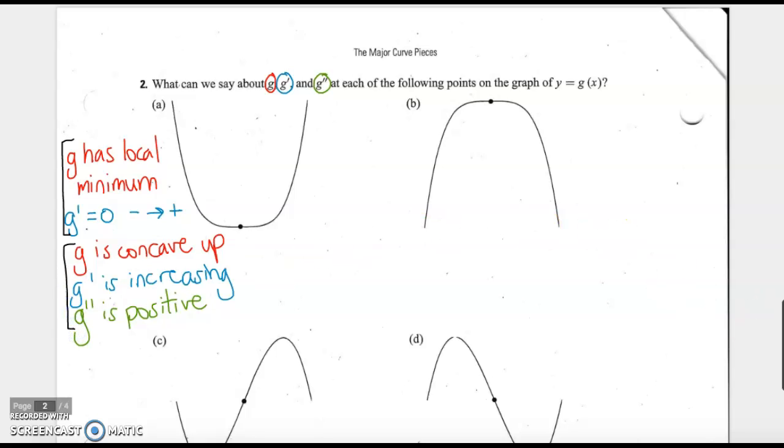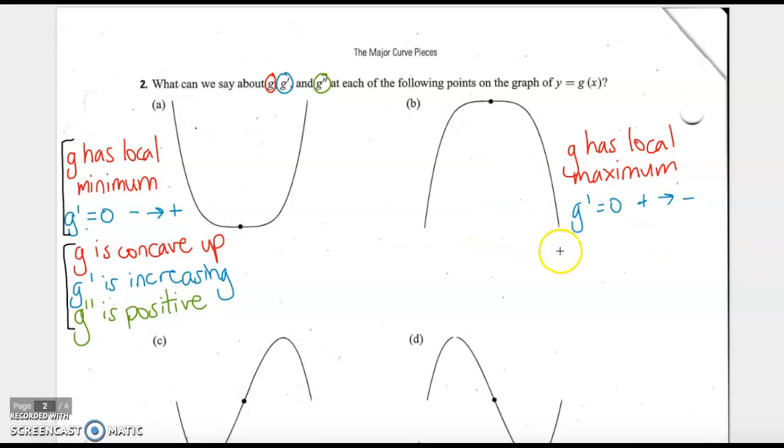Okay, so let's do the same thing over here for letter B. So I would say that at B, G has a local maximum, which means that my first derivative equals 0 and changes from positive to negative.